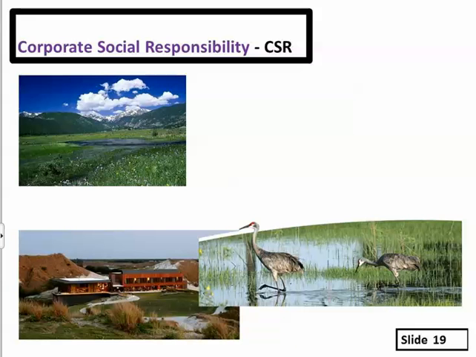Okay, an example, and we refer to this as corporate social responsibility, CSR, and some of you might be familiar with examples of companies that advertise a lot, and they may advertise how socially responsible they are and how ecologically sound they are, and how the pictures show such a verdant area and wildlife flocking there, and just how beautiful it is after the company is done using the land.